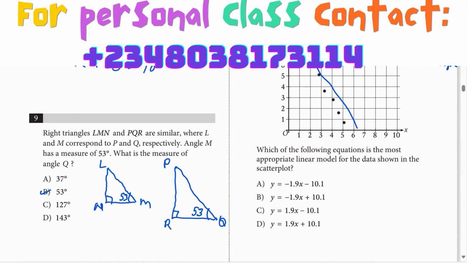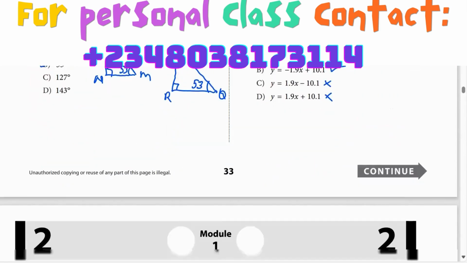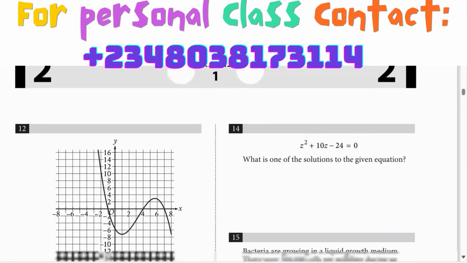This one has a negative intercept, this one has a positive slope, so it can't be. We are considering A and B, but it's only B that is most appropriate, which has a positive intercept. It can't be A. A has a negative Y intercept. So option B is the correct option for the equation of that model.